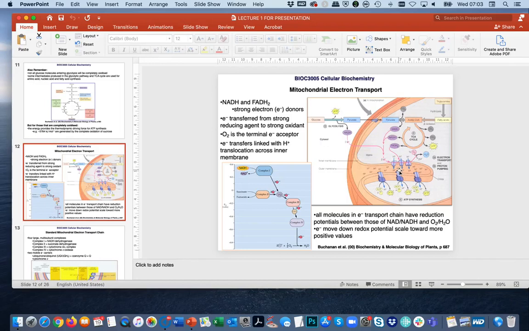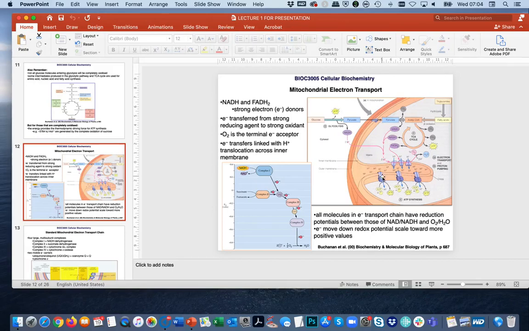Okay? So electron transfers on the mitochondria, electron transport chain is linked with the translocation of protons across the inner mitochondrial membrane at the cristae, as shown in the cartoon, and then that leads to the generation of ATP through the ATP synthase.